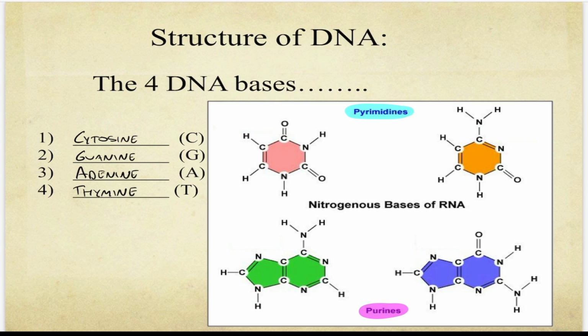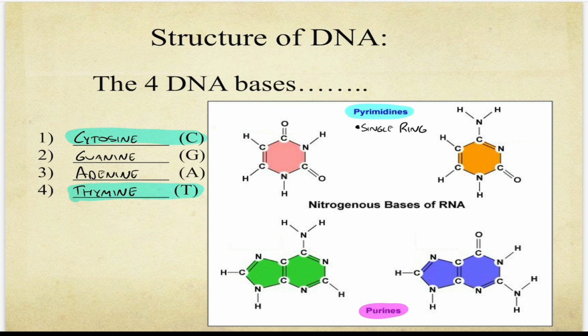Now, I said this in class, but the way that I remember is that pyrimidines have the letter Y in them. So cytosine is a pyrimidine because the letter Y is there, and so does thymine. Right? What makes them a pyrimidine? Well, the thing about them is they are a single ring structure, right?